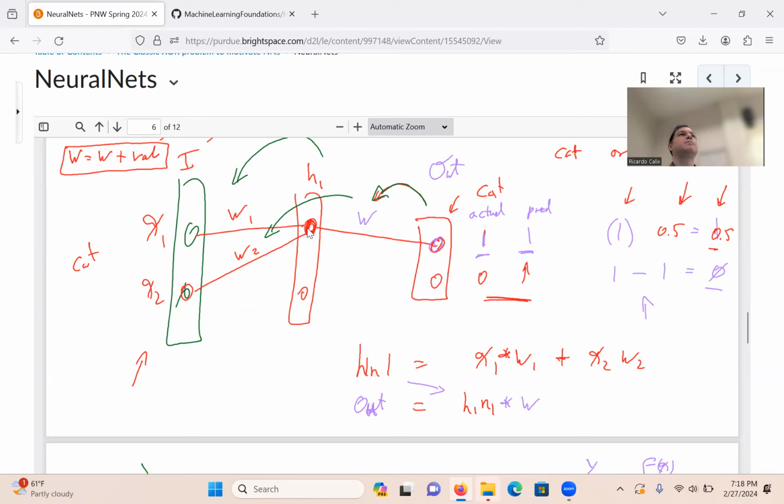And then H1 times, I put H1N1, but this one. H1 is the hidden layer, and N1 is the neuron itself. So H1N1 times this W, the purple one, gives you the output. That's the relationship you have there. This is how you express neural networks as equations.